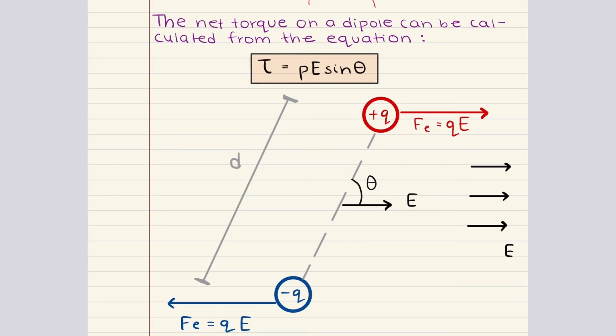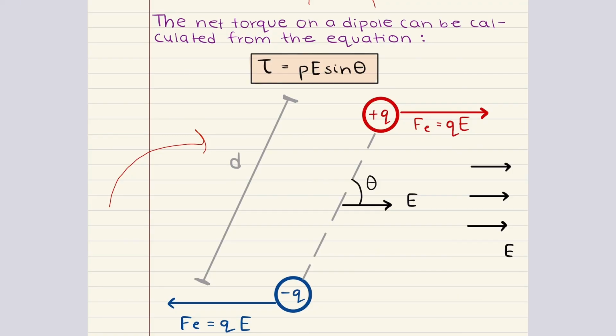The positive charge will experience a force in the direction of the electric field, while the negative charge will experience a force in the opposite direction, kind of like you see drawn here. These forces are equal in magnitude, but opposite in direction. This creates a situation of translational equilibrium, meaning that the net force acting on the dipole is zero. The dipole does not move from one position to another.